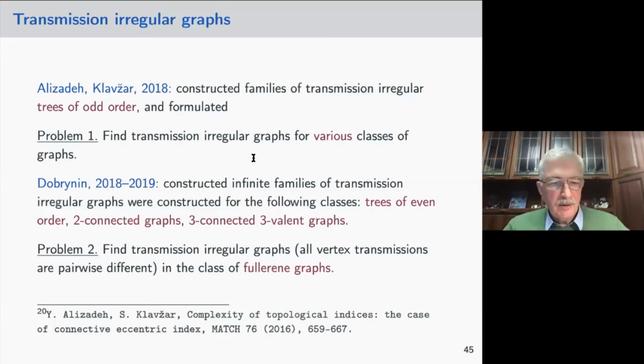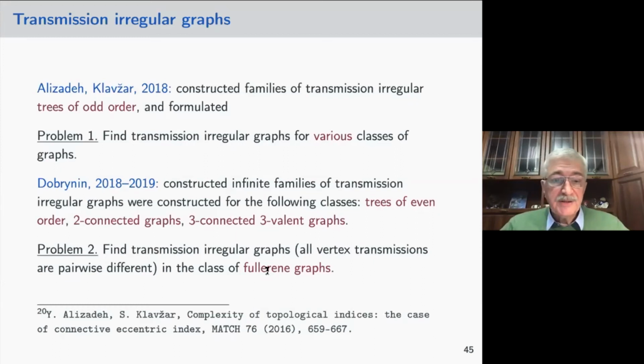My co-author Andrei Dobrynin found many examples in classes of trees with even order, 2-connected graphs, or 3-connected graphs and so on. And we are interested in finding a transmission irregular graph in the class of fullerene graphs.